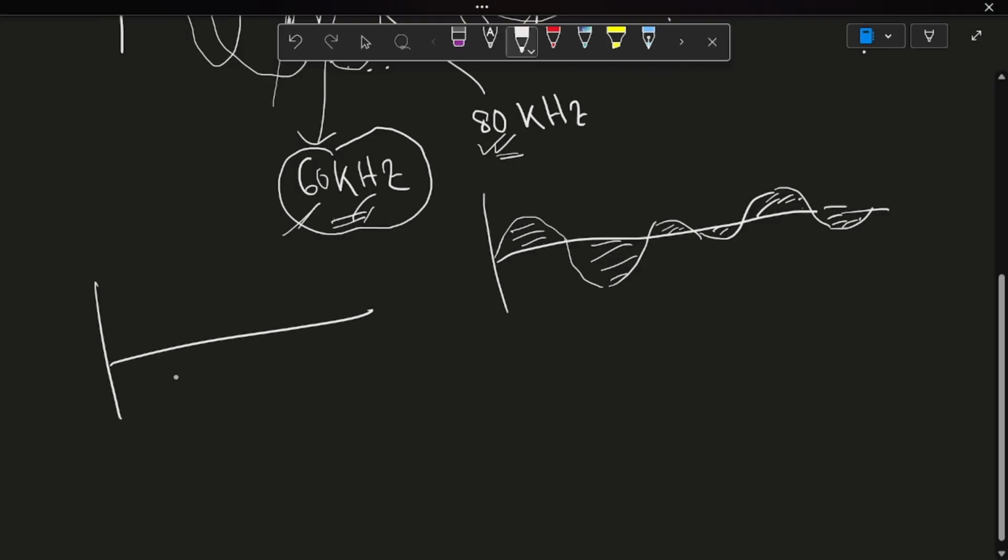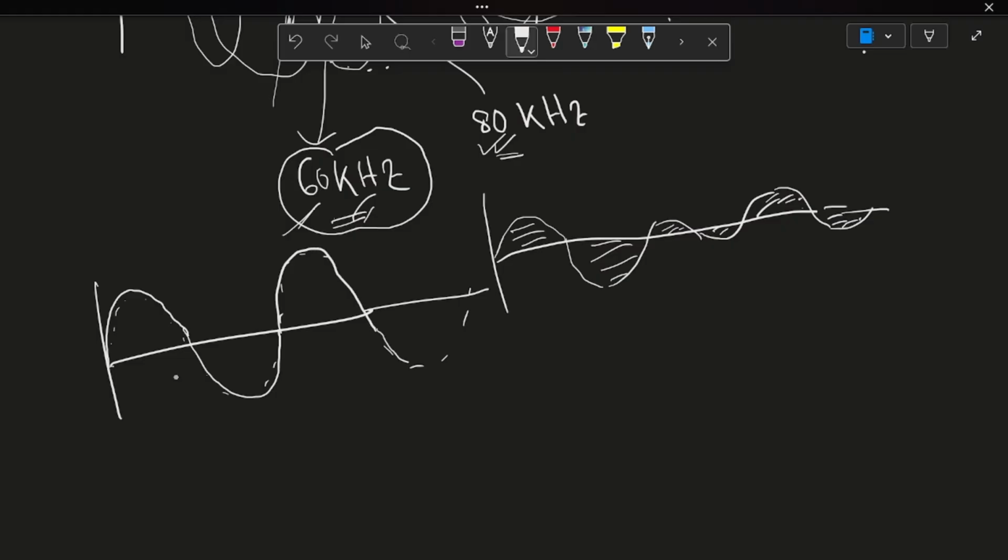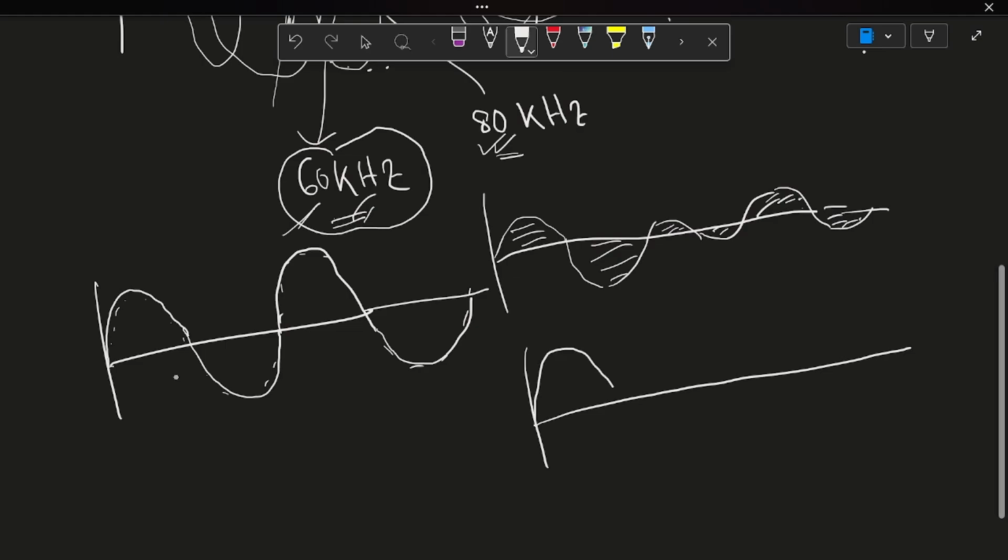Now, when it does match, for example, this is your original signal, the dotted one, and you multiply it with this reference signal. If we multiply these two, you will get a non-zero area, maybe something like that, depending on the exact shape.